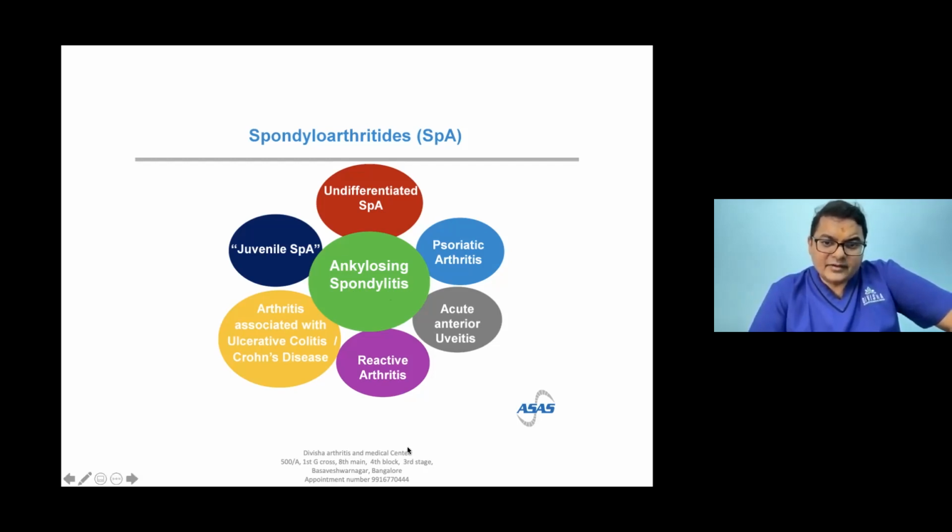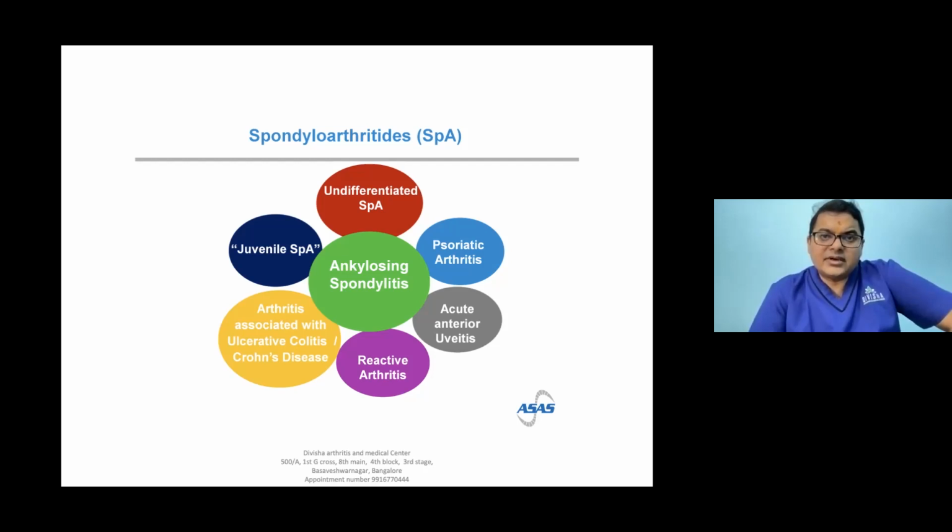Then you have reactive arthritis. What is reactive arthritis? Reactive arthritis is that which causes inflammation after any gastric infection, such as loose motion, diarrhea, if you eat some outside food, especially chicken which is not properly cooked, infections like typhoid, salmonella, shigella, enterobacter, those kind of things.